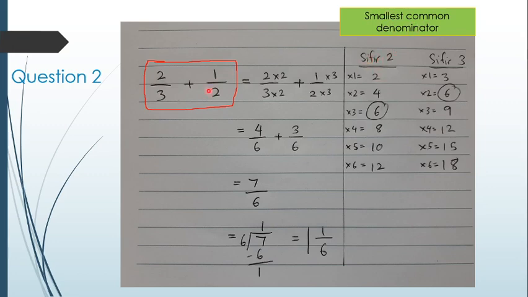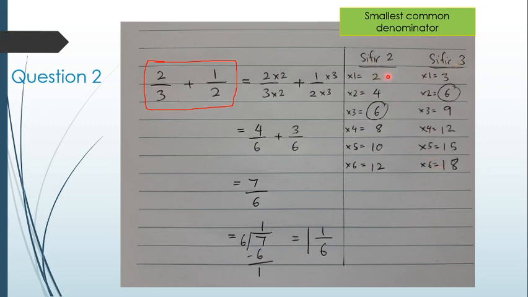Kita nak samakan denominator ni tadi, penyebut yang bawah ni. We want to make the denominator the same. So kita senaraikan sifir. When we list down the multiplication facts, the sifir, we will have here, for example, 2 times 1 until 2 times 6, 3 times 1 until 3 times 6.